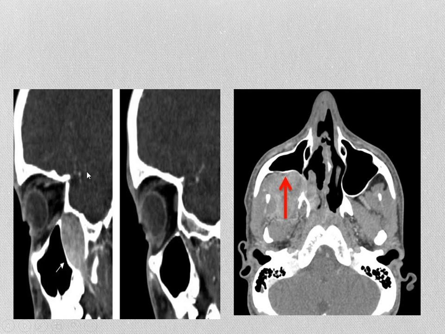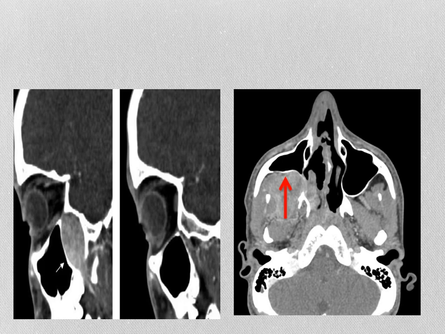The third sign. Here this is the normal and this is the sign. So we see anterior bowing of posterior maxillary antrum by a soft tissue density mass.